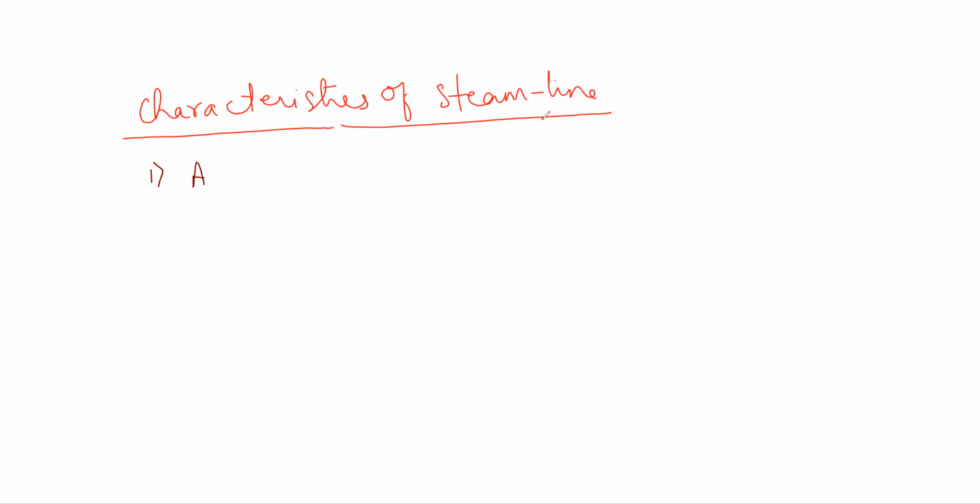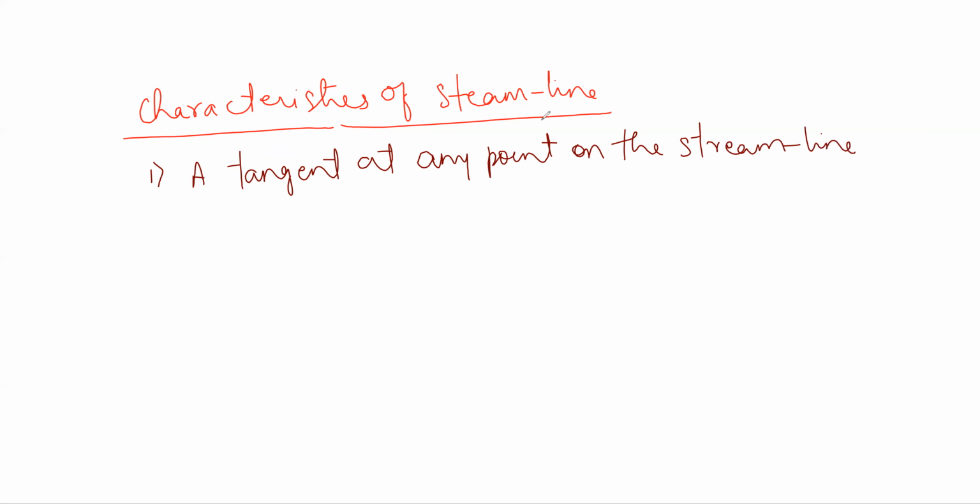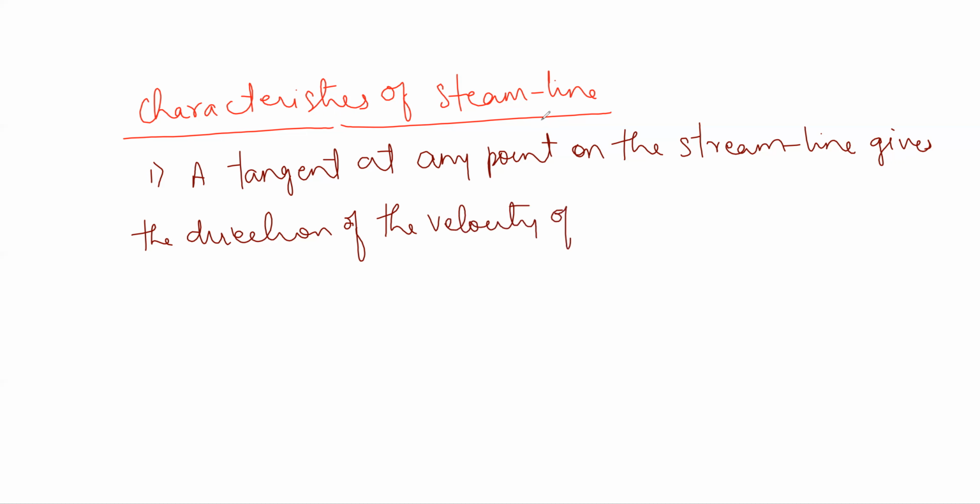Some of the characteristics of streamline flow are: first, the tangent at any point on the streamline gives the direction of the velocity of the fluid particle at that point.